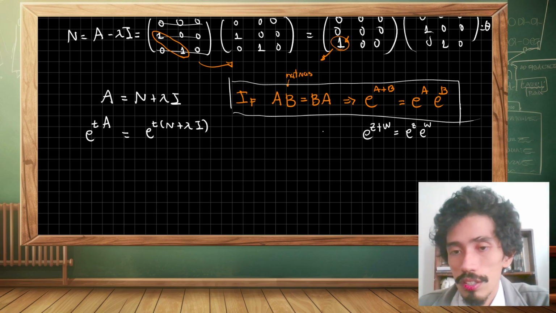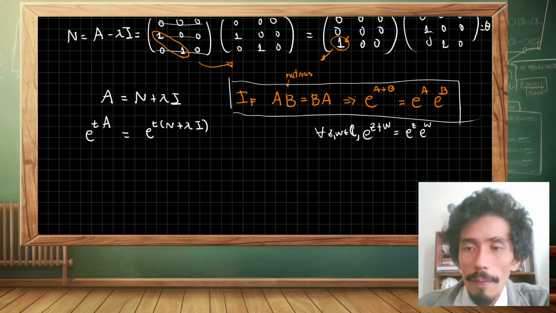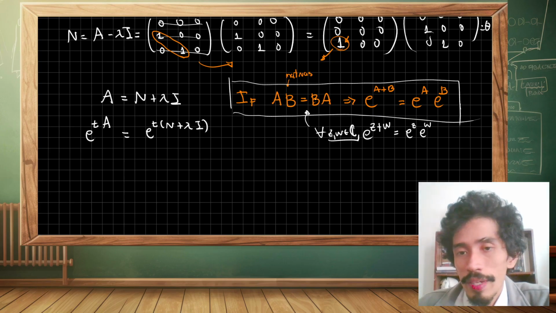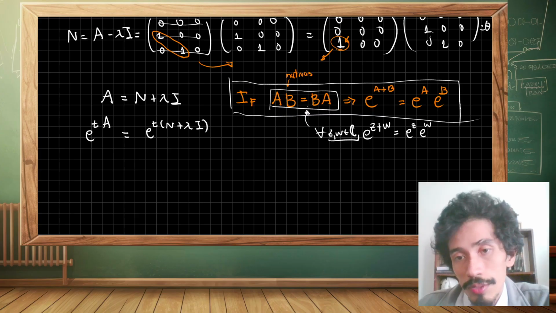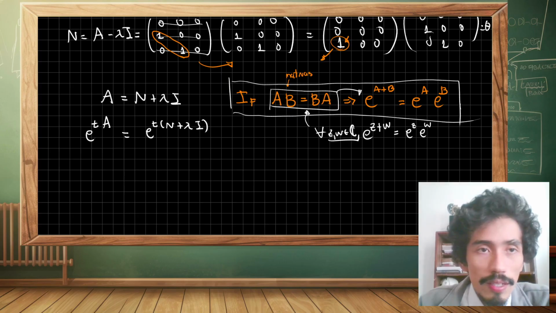And this holds for every pair of complex numbers, right? In case of matrices, it's not true, in the sense that every matrices doesn't hold this commutativity property. But if the matrices are commutative, then you can apply the formula, the property, I mean.